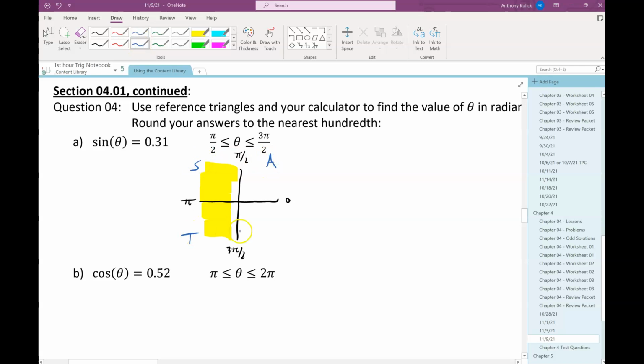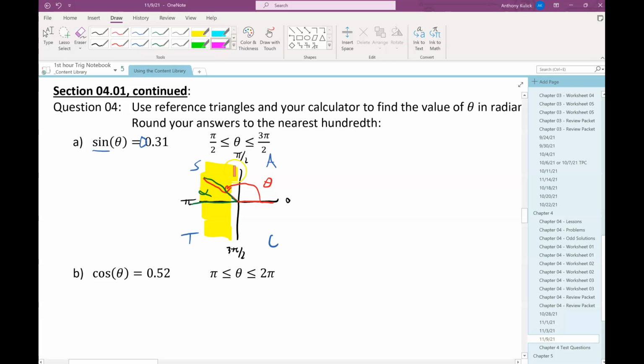Using all silly turtles crawl, I can tell that sine is positive in quadrant 2. So this is the theta that I'm looking for. My alpha is here.